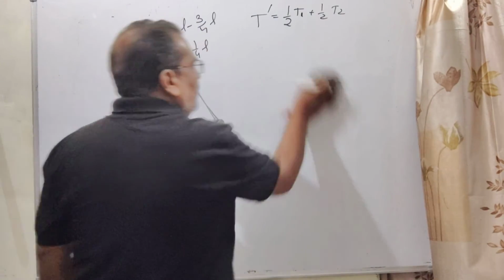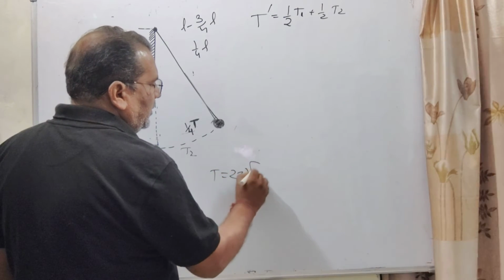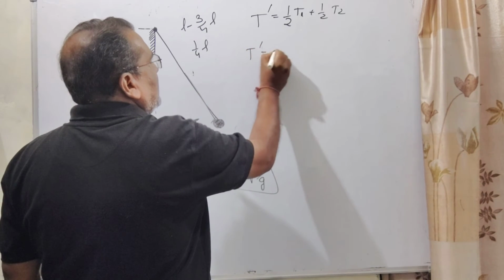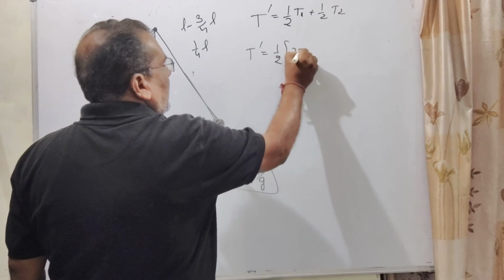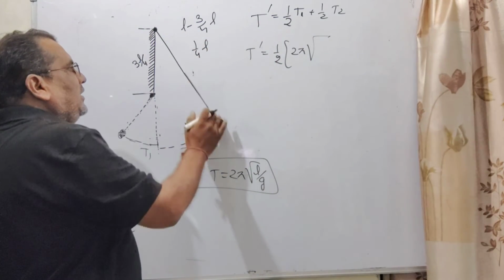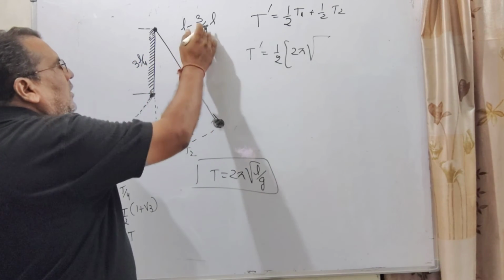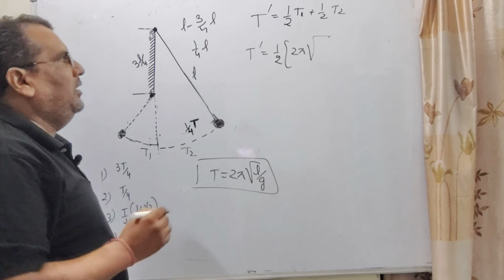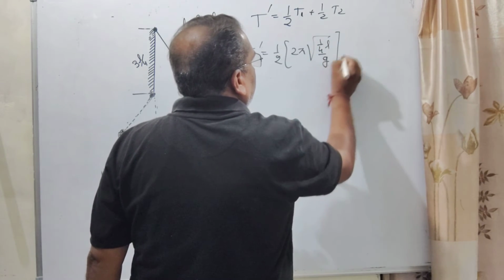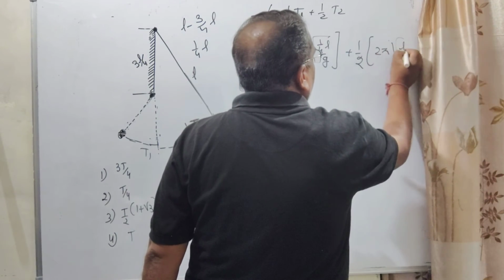Is it okay? And what is the formula of time period? T equals 2 pi root L by g. This formula we are using. T dash is equal to 1 by 2, 2 pi root, here the length. What is the length? Total length is L, and the obstacle is at 3L by 4. Subtracted, we get 1 by 4 L. So 1 by 4 L by g, thus half 2 pi root L by g.